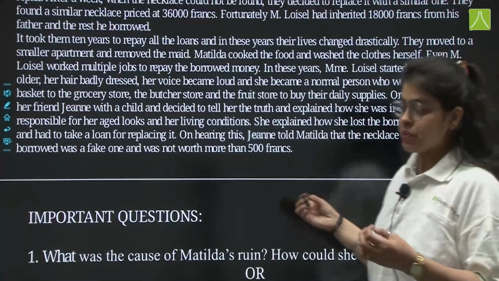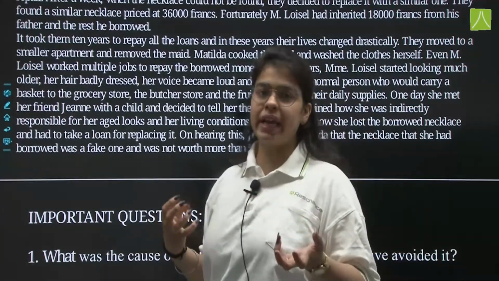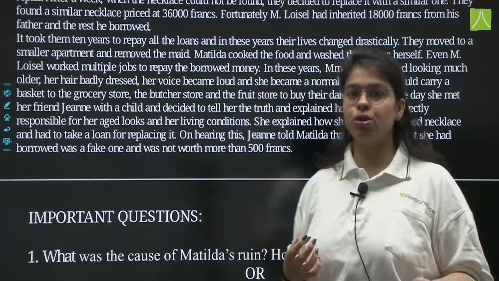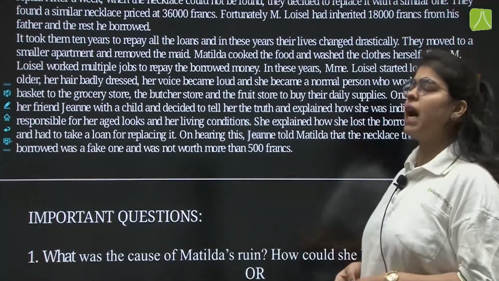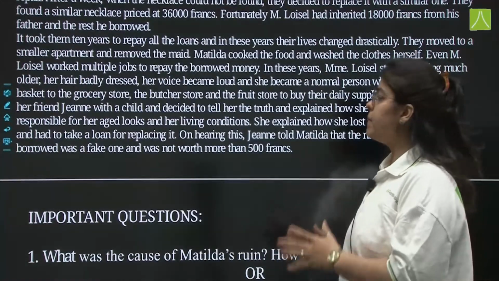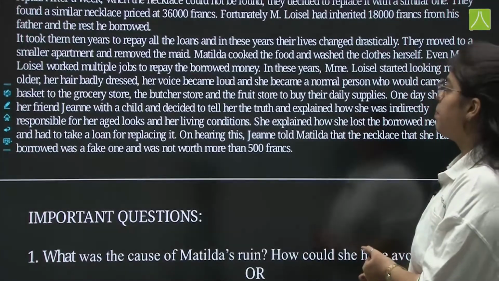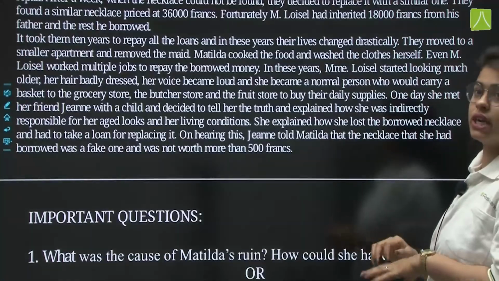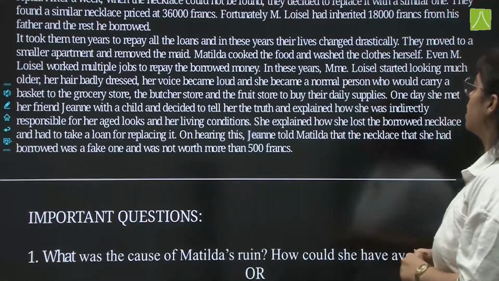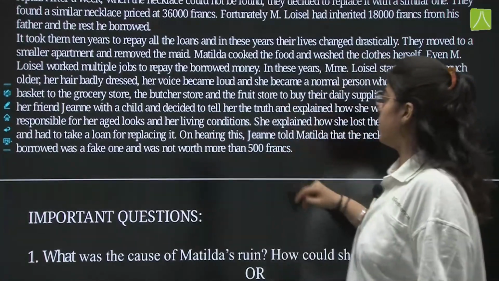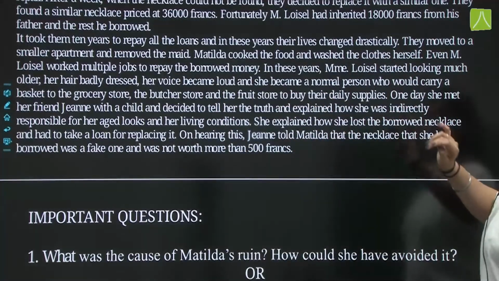Earlier she at least had a maid to help with the household chores, but now she had to do everything because they could not afford a maid. She no longer had a life of comfort and luxury, and went to buy the daily supplies herself.